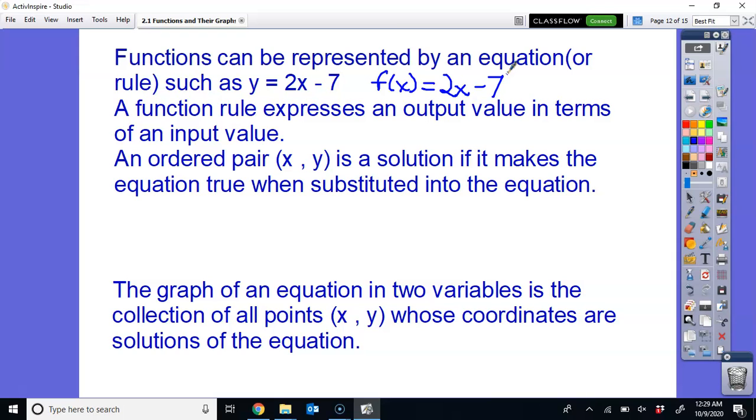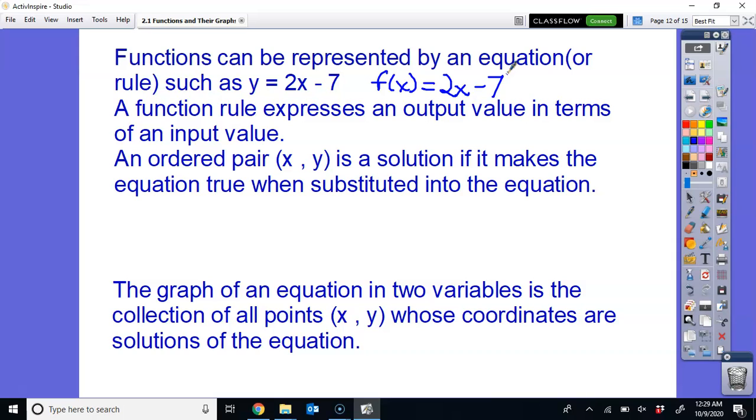Well, one thing that's a similarity for every function out there is that if you have this equation, you have the output in terms of the input, which means you do something to the input, 2 times x minus 7, to get the output, the y's. And it gives you ordered pairs, like we talked about graphing earlier.